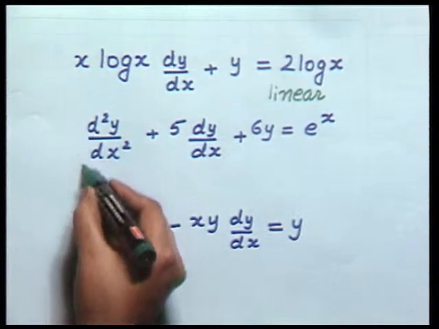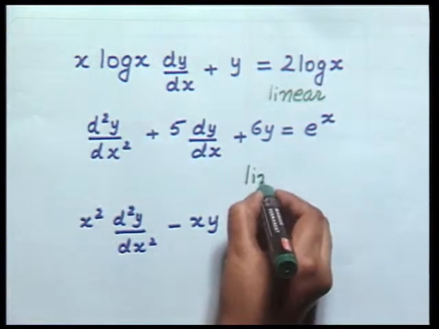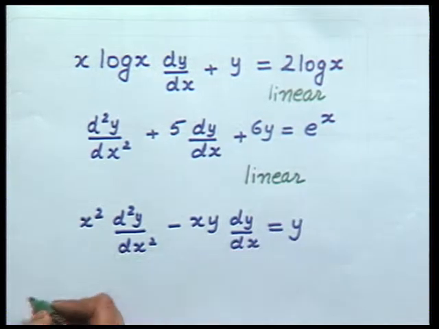It is not that if you have a second order derivative, then the equation doesn't come in the category of being linear. It should not have a power. So you can have second order, but it will always be the first degree, which has the characteristic of being identified as linear. And so the second equation also is a linear equation.